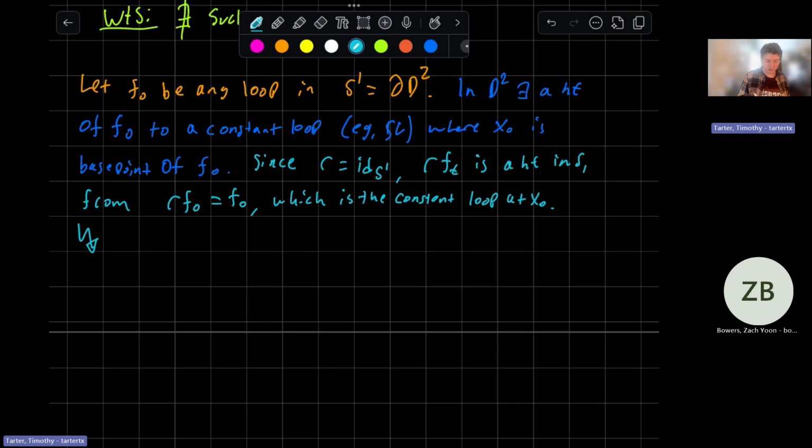But then this is a contradiction, since this would mean that pi 1 of S1 is the trivial group, which we know to be false.